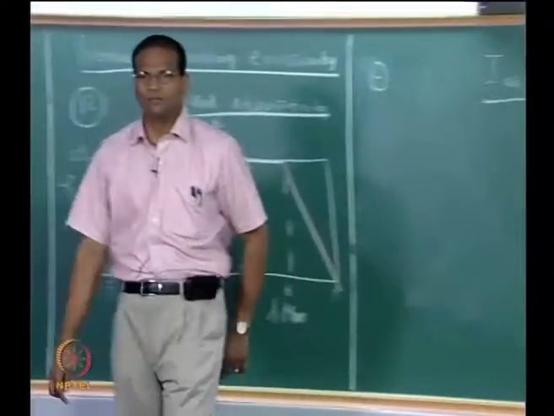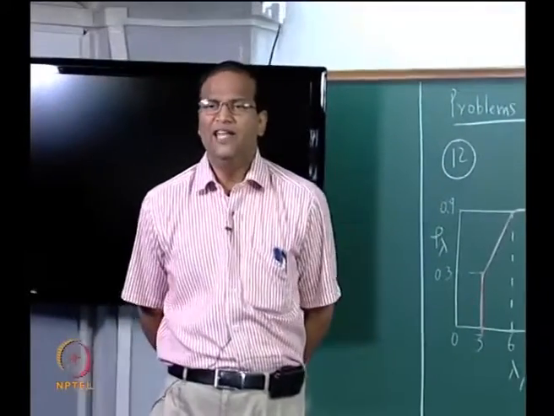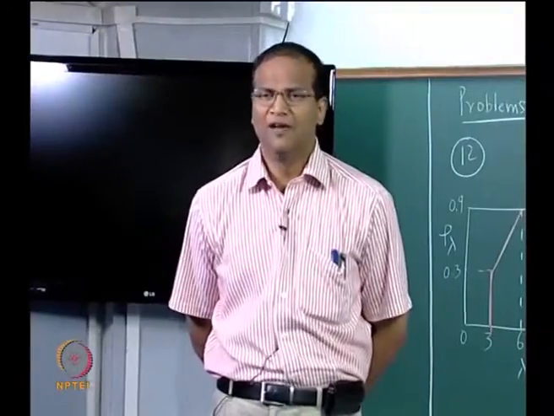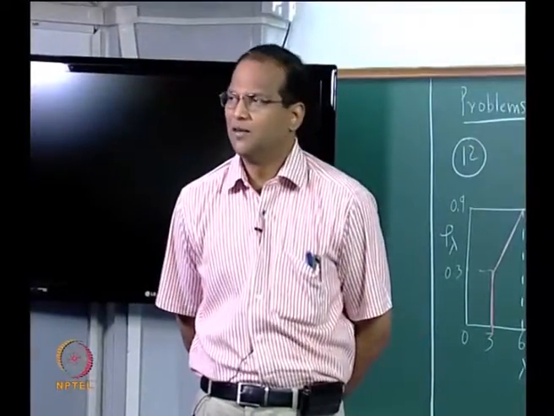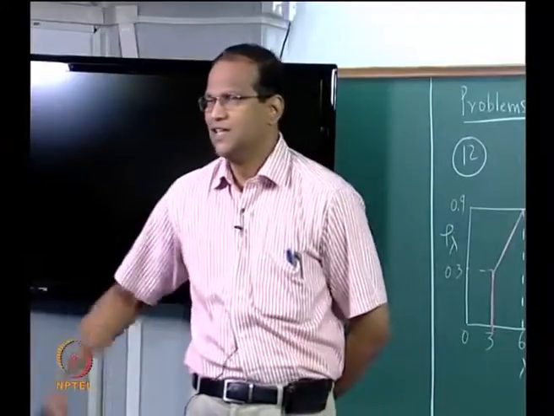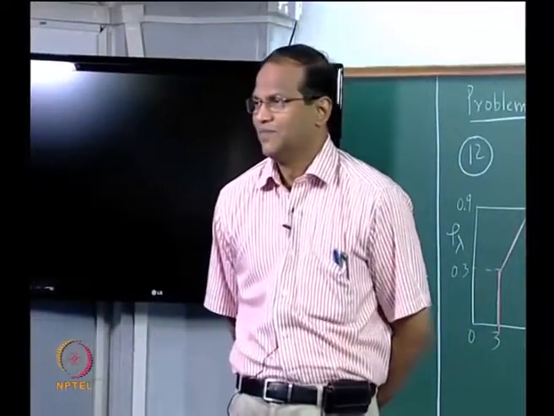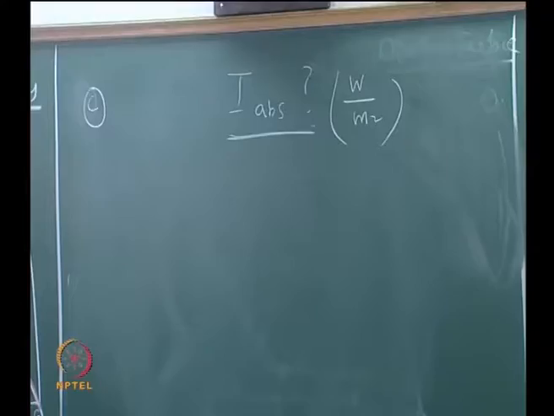What is I absorb? Then D, I will just divide I absorb by I incident, that is all. Okay, systematically we have, without the individual parts quickly you can do, but this is in stages you will do it, so that you can also get step marks. Okay, so I absorb, please tell me.